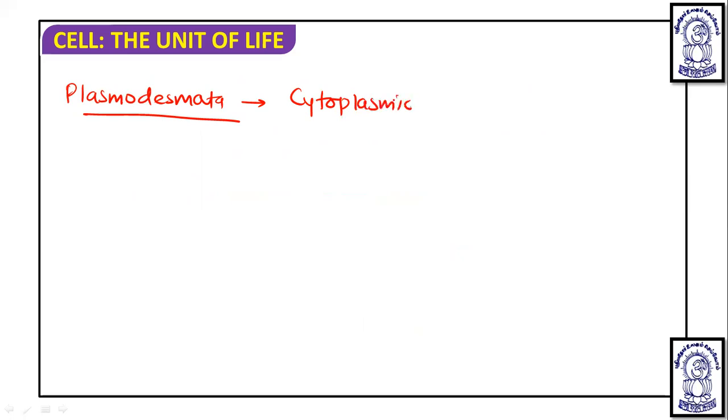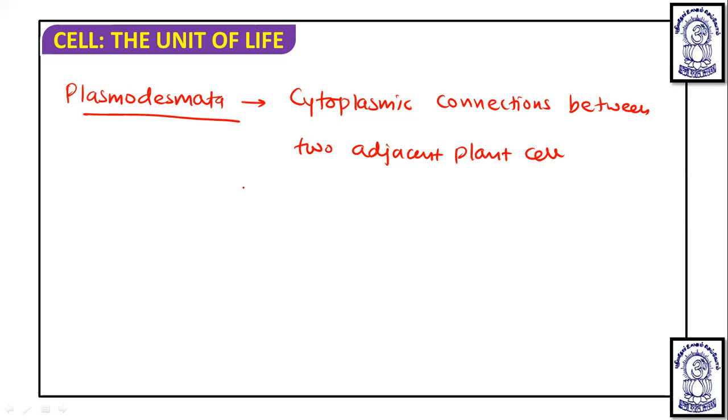So if we talk about plasmodesmata, dear student, then you will come to know that it is a cytoplasmic connection between two adjacent plant cells.